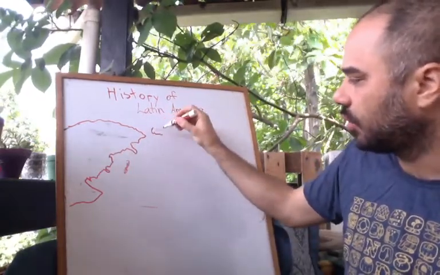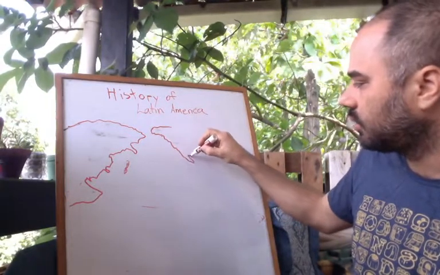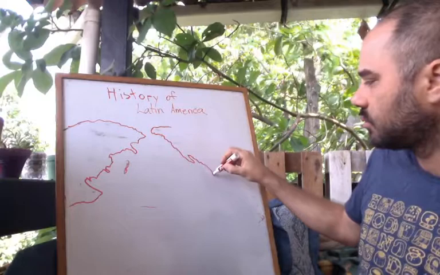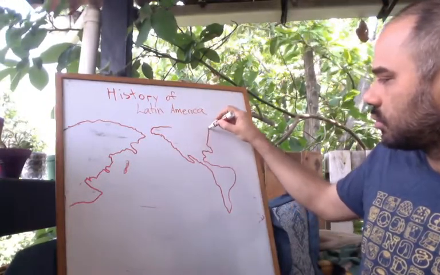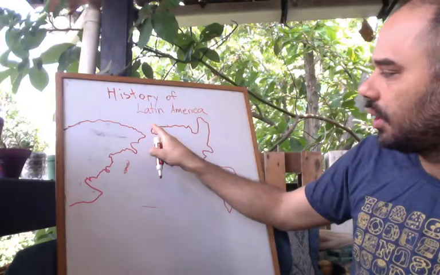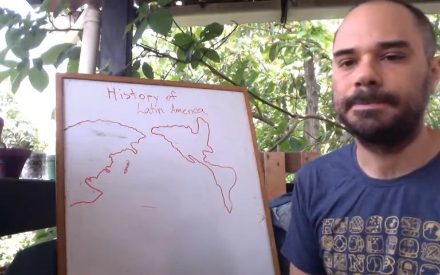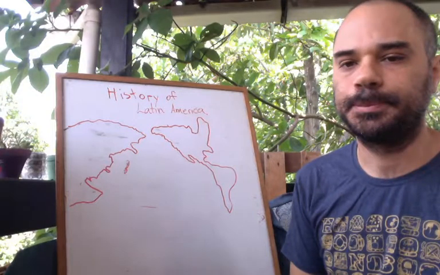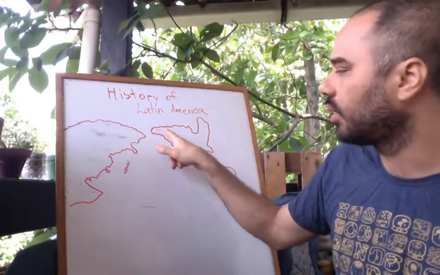As we are familiar with geography, we know that there is not such a large distance between the northeastern tip of Asia and the northwestern tip of America.